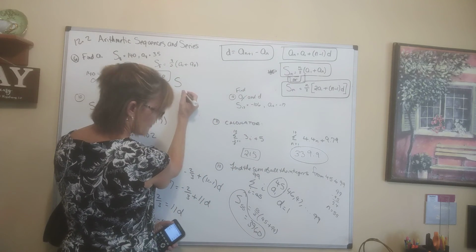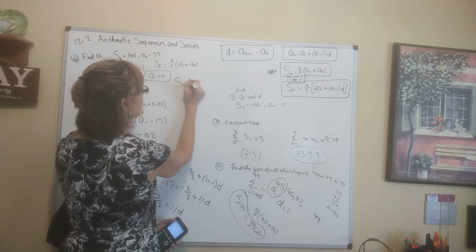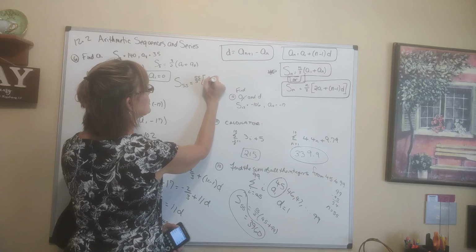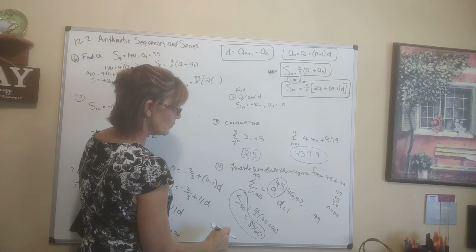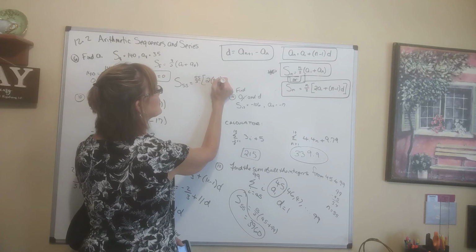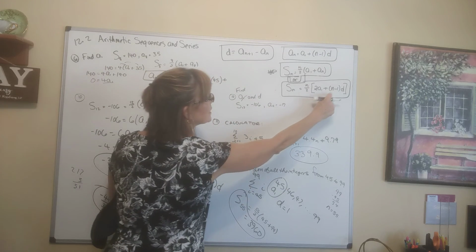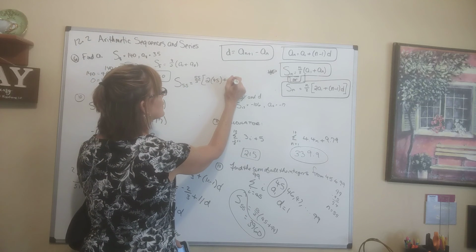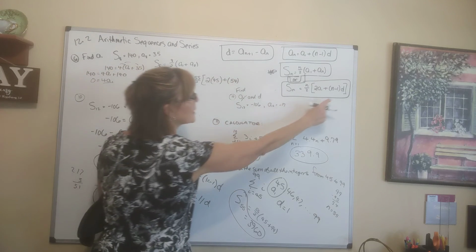S sub 55 is equal to 55 over 2 times 2 times A sub 1. What did we say A sub 1 was? 45. Plus n minus 1. 55 minus 1 is 54. Times the value of d.